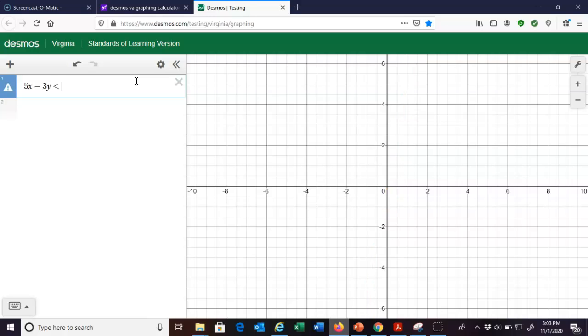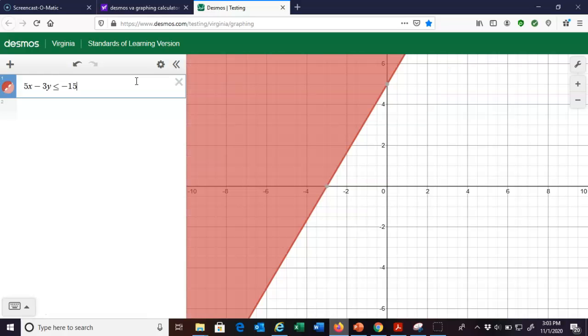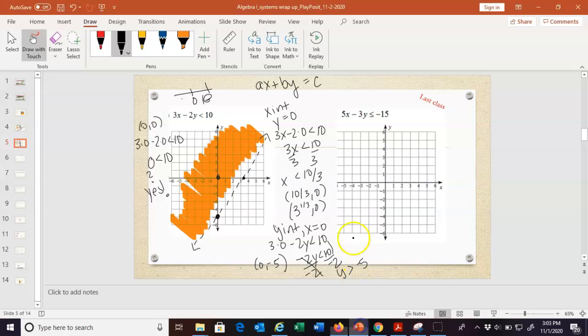Remember, to get the equal to, you literally just type it. So I did less than or equal to, and it pops it in there together. There we go. So our x-intercept is -3, 0, and our y-intercept is 0, 5. So we confirm that with what you got for those x and y intercepts.